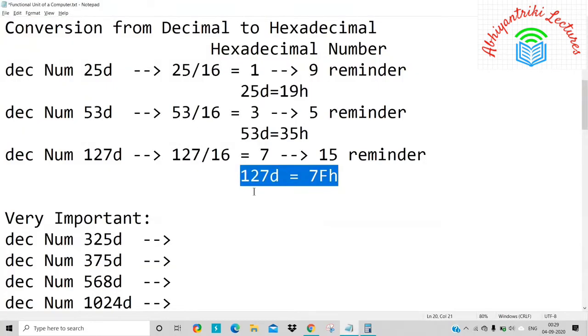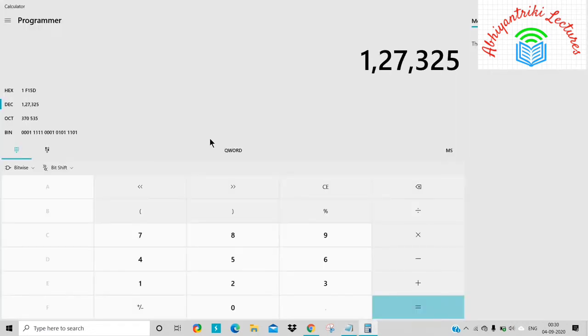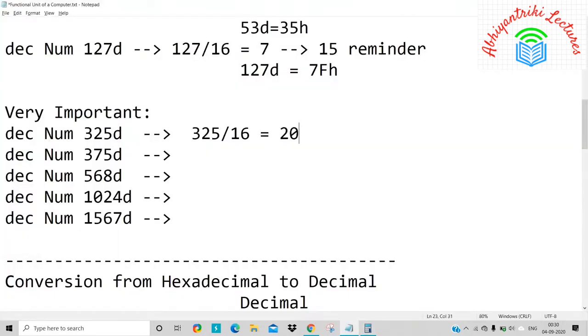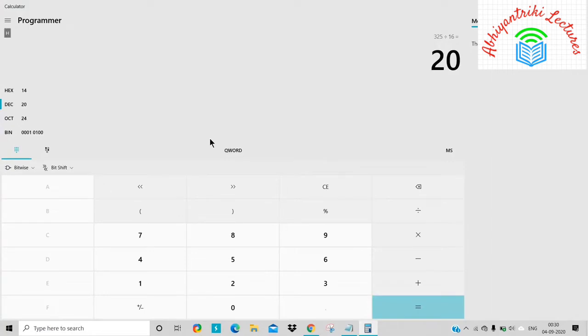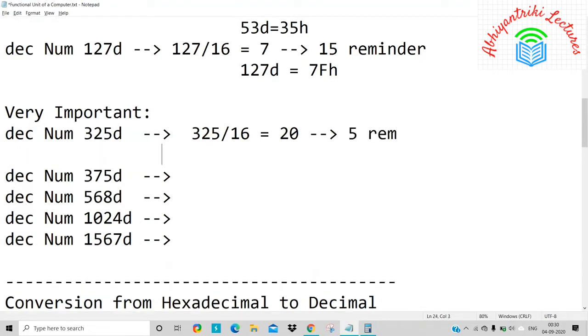Next, very important, 325D. 325 divided by 16 is equal to 20. 20 is the answer. What is the remainder? 20 into 16 is 320, so 5 is the remainder. But observe this 20, the answer 20 is greater than 15 again.